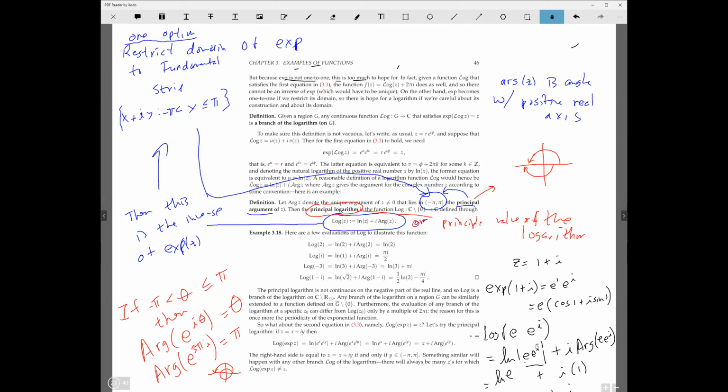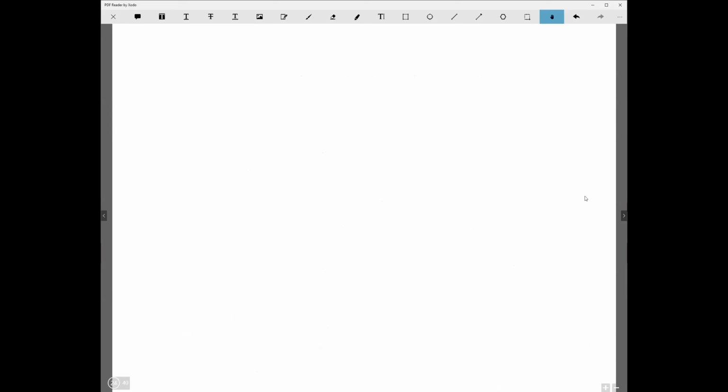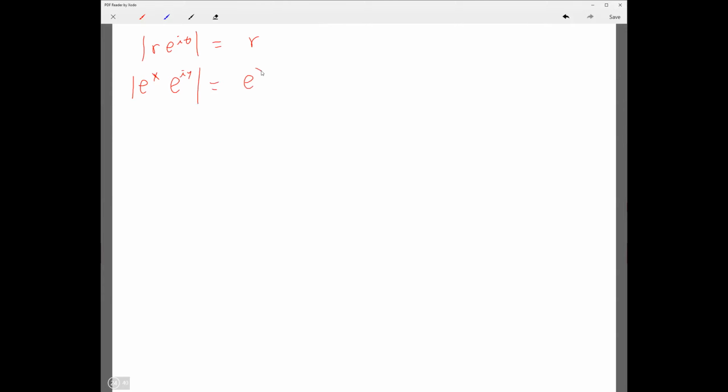Oh, okay. So, yeah, if you have the modulus of r e to the i theta, that's equal to r. So if you have the modulus of e to the x times e to the something times y or iy or whatever, that's just going to be e to the x.